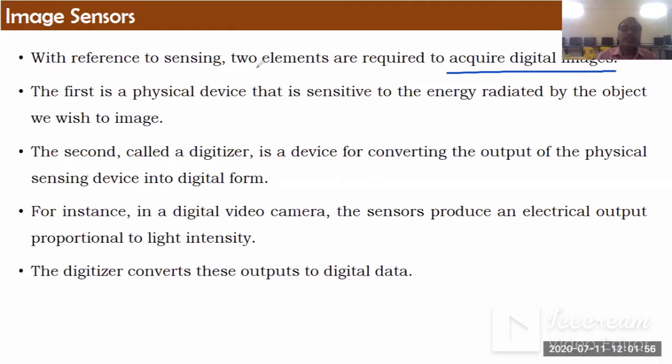With reference to sensing, two elements are required to acquire the digital image. There are two important points when you have to acquire the image.